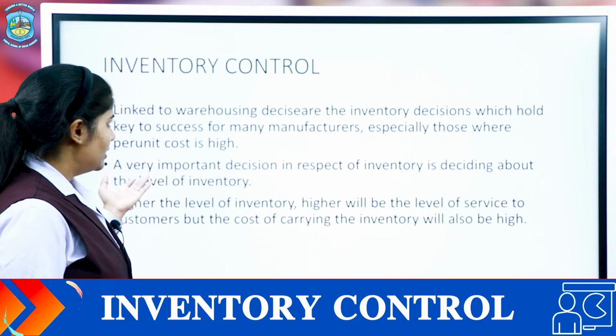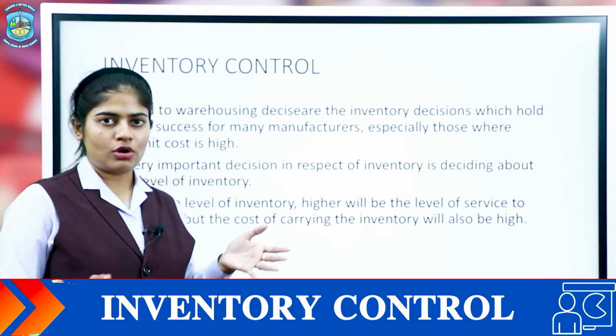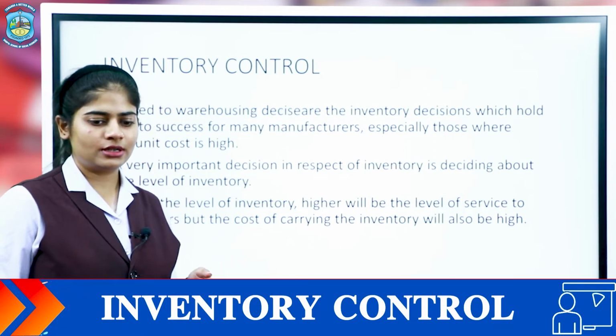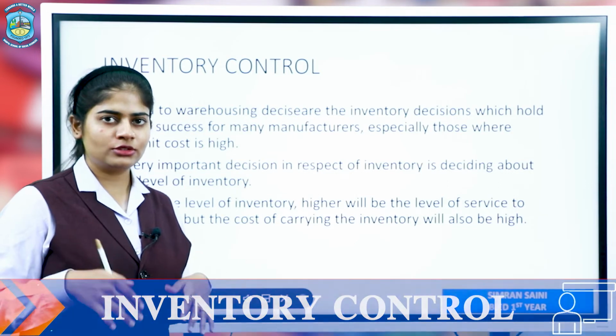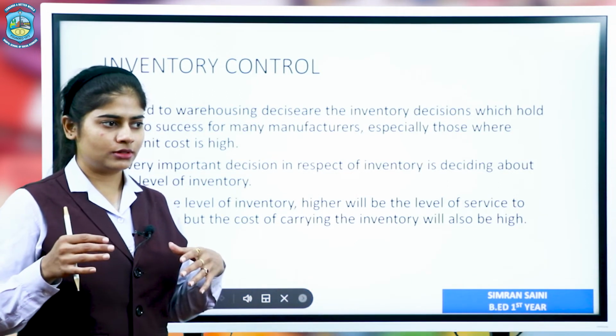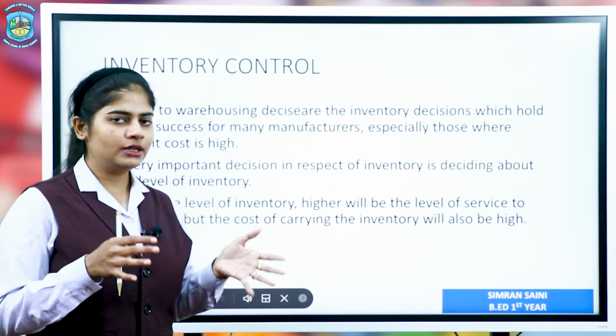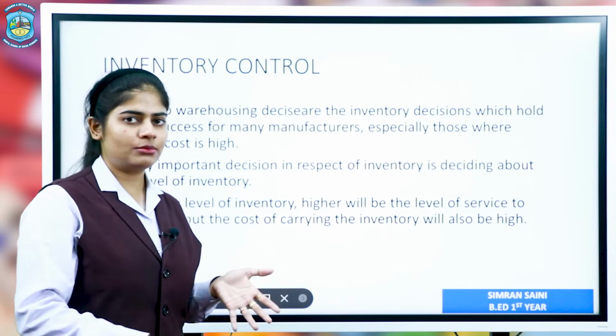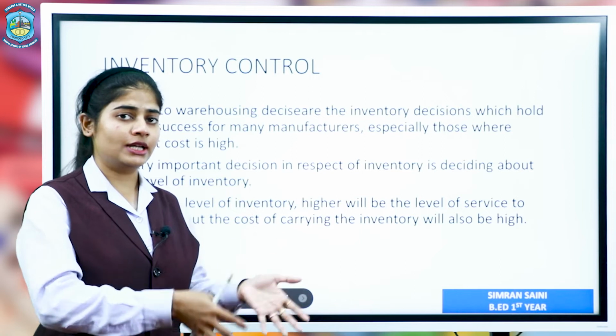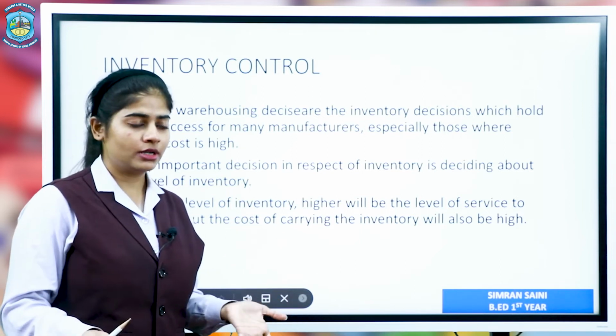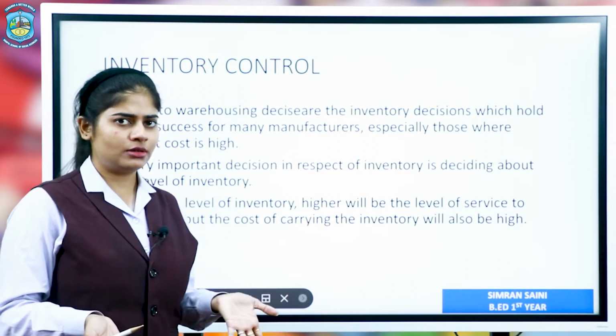Inventory control is basically stock control. Stock control means we need to control the stock so that it doesn't happen that the product is needed and it is less in number, or the product is needed less and there is a bulk of product, so it will waste the product.